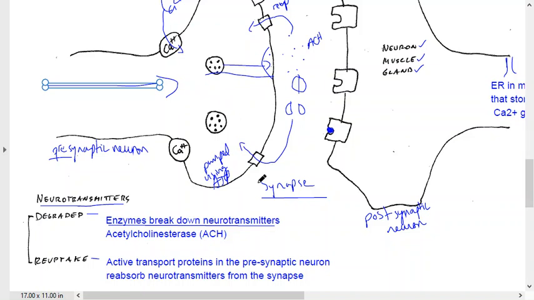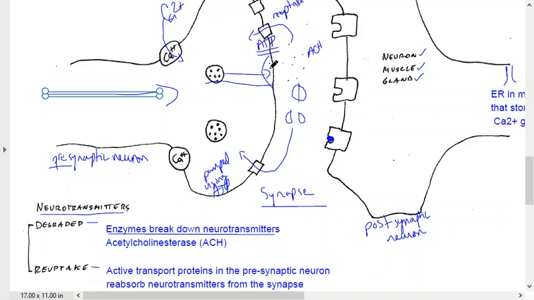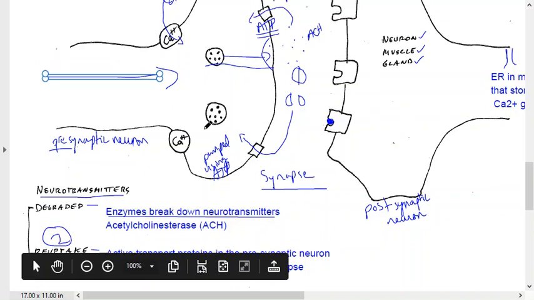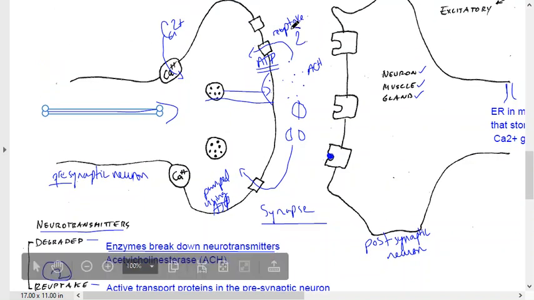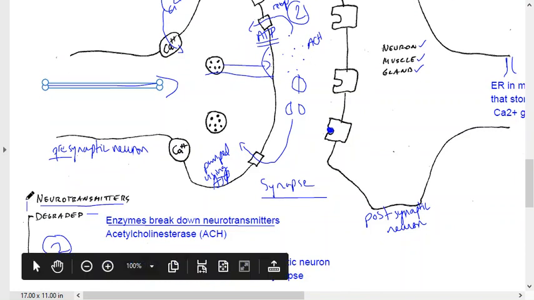right? So again, two things. And actually, I said that this was a channel, and I was mistaken. This is also a pump. So you would also need ATP for this. But in either case, let's say that reuptaking is number 2, so that would have been up here. You reuptake acetylcholine or whatever the neurotransmitter is in its entirety, or you can break it down. So we'll say number 1 was down here. You can break it down using enzymes and then pump those pieces back into the presynaptic neuron.